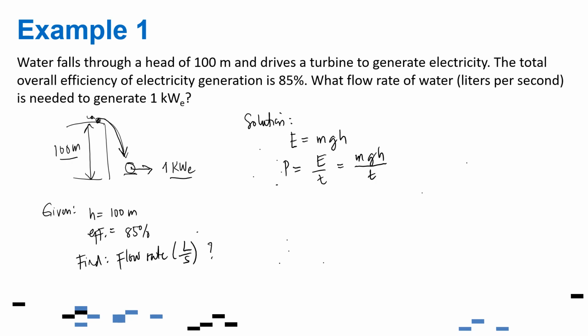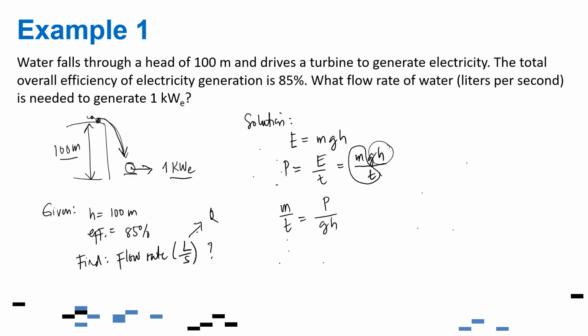So now our question is basically in terms of flow rate. In this case, the flow rate should be in terms of the mass flow rate here, which we can later on change into volume flow rate. So here we have to get m over t, which is equal to P over gh.